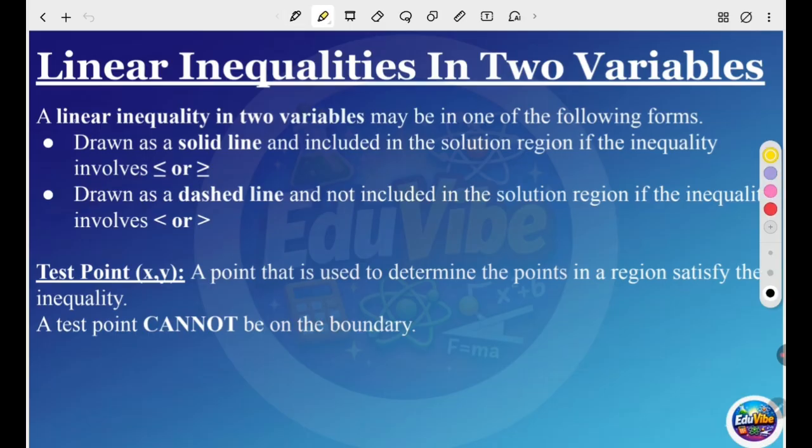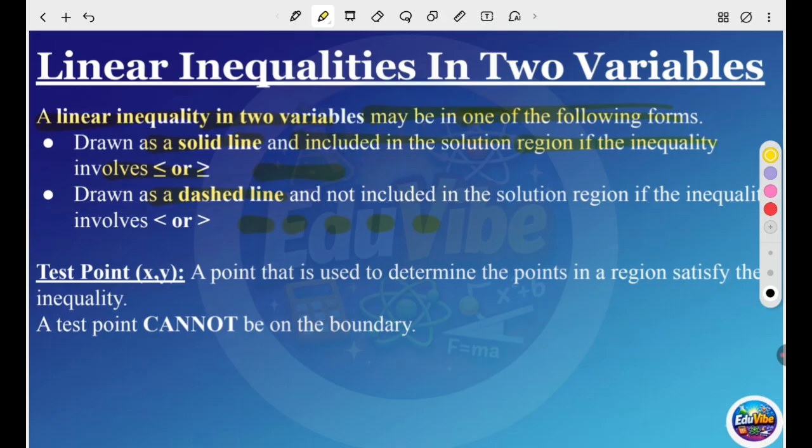The linear inequality in two variables may be one of the following forms. There are two forms: first, a solid line or a dashed line. Solid line means we just make that line like this, and a dashed line, you all know, is dashed. The solid line is included in the solution region if the inequality is less than or equal to or greater than or equal to.